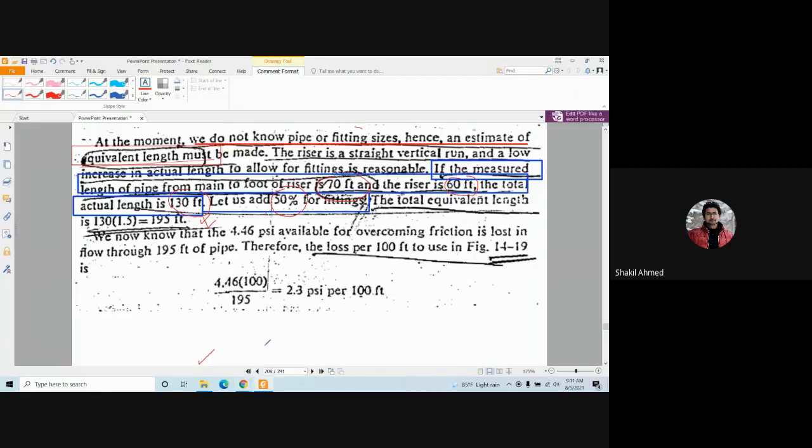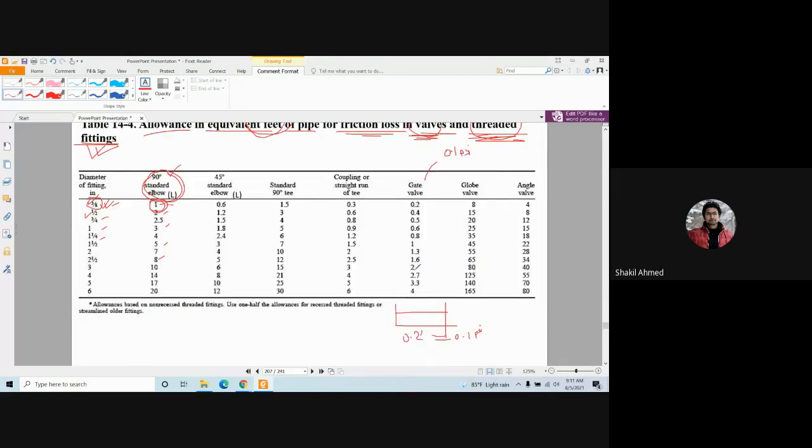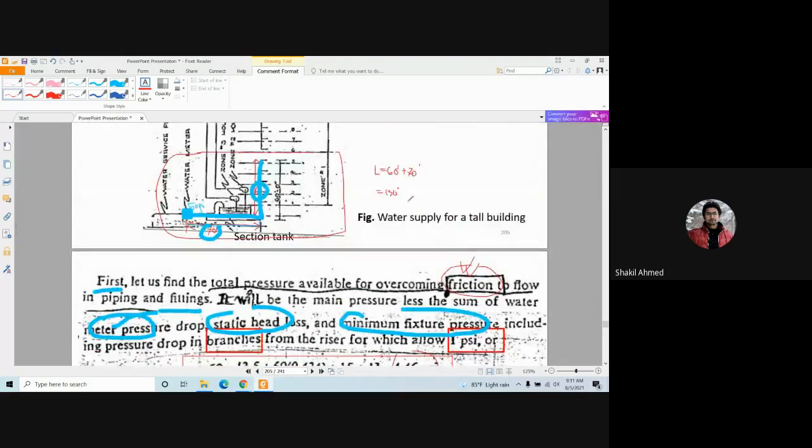Here we will assume 50% increase in length. That means this 130 feet will be increased by 50%.